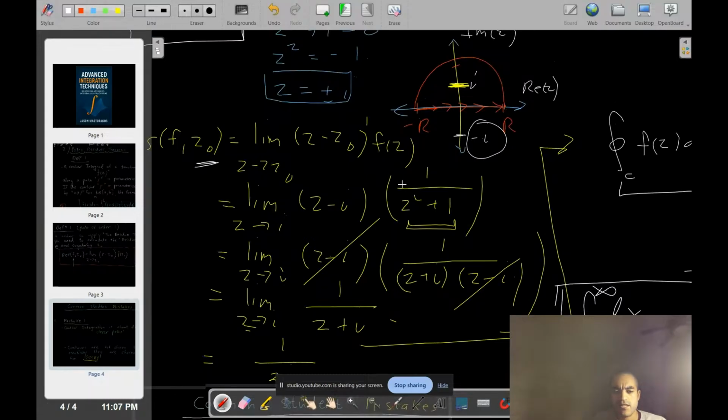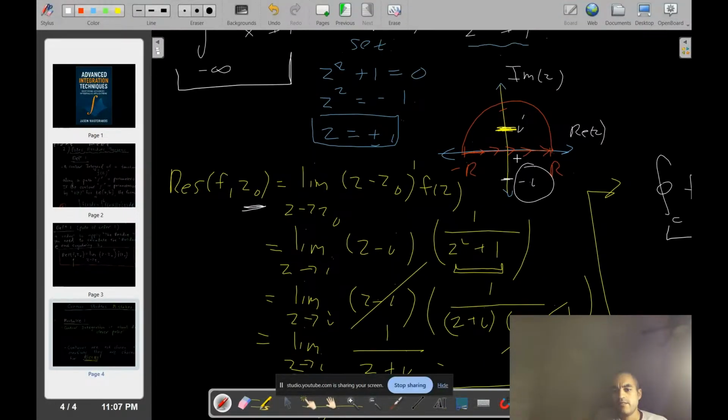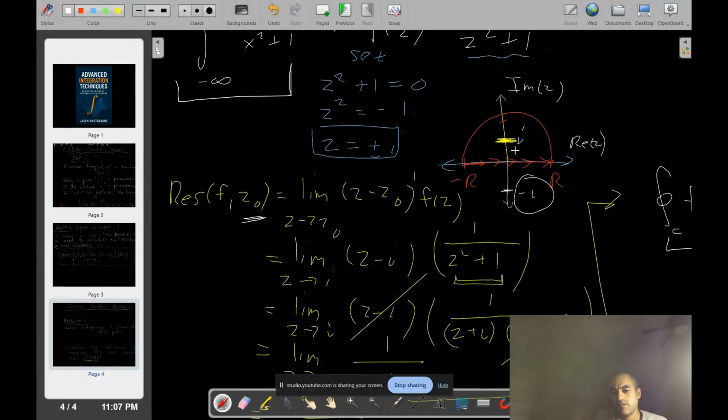So let's say, for instance, if we evaluated, here's a classic case where we would have simple poles equal and opposite in magnitude, one being plus i, one being negative i.